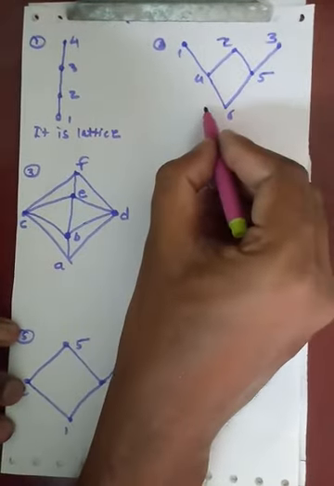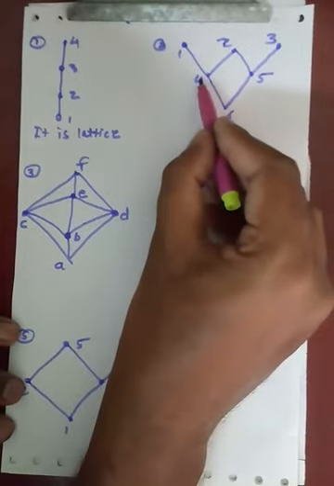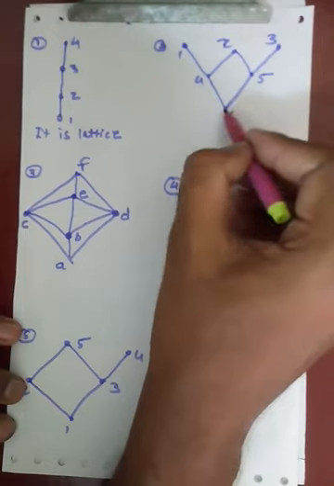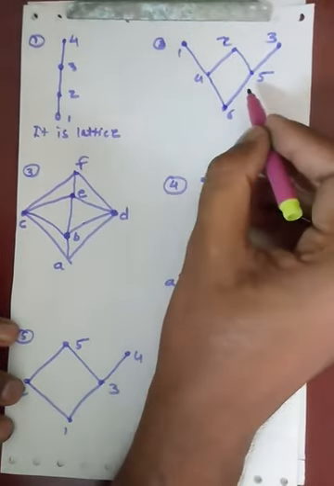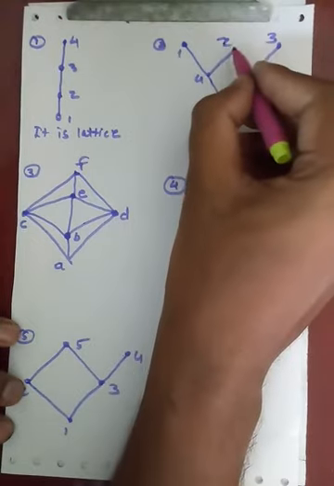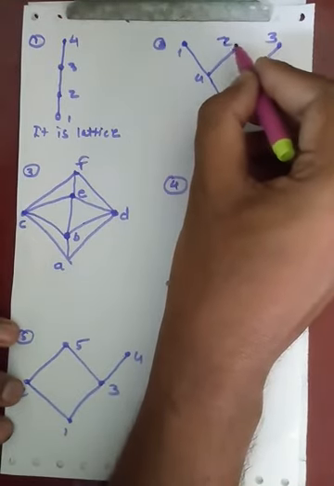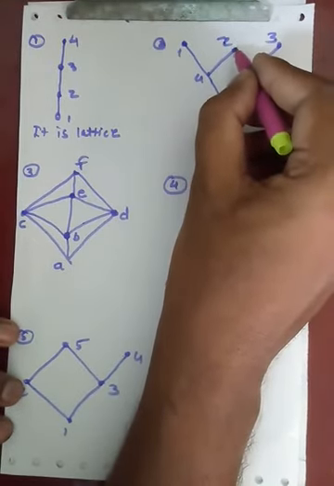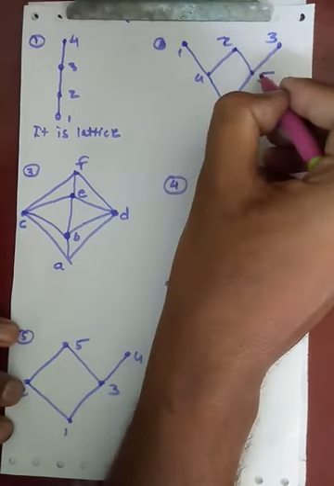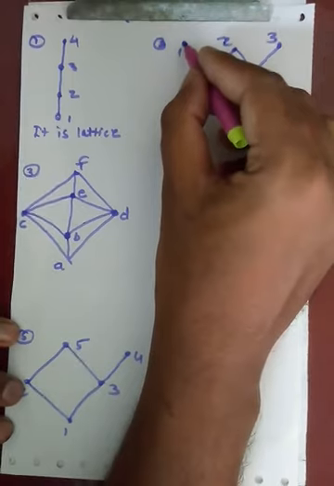Now this one, for 4, 5: 6 is the greatest lower bound and 2 is the least upper bound for 4 and 5. And then consider 1, 2.